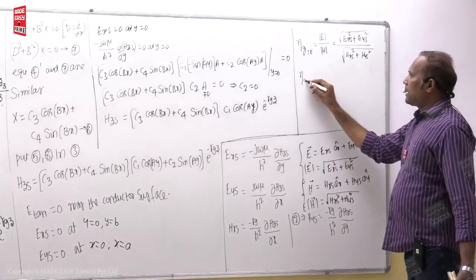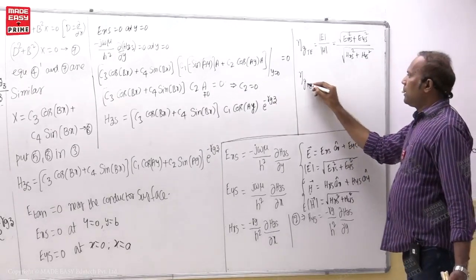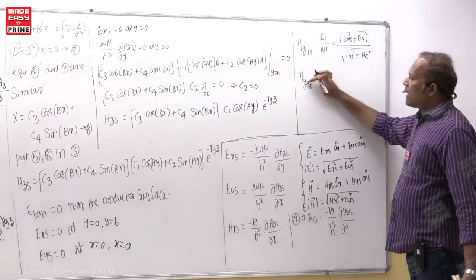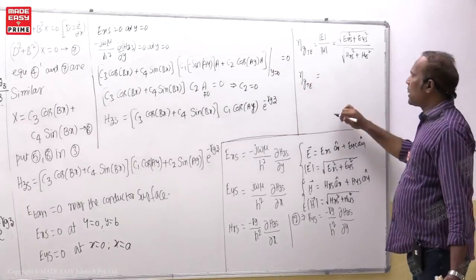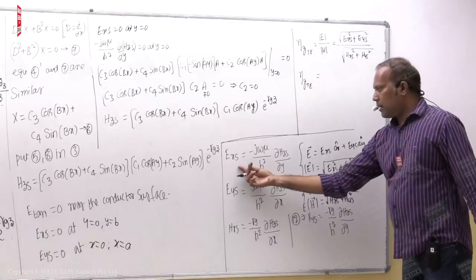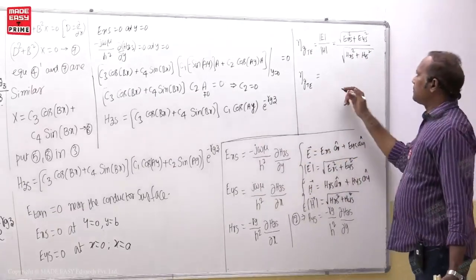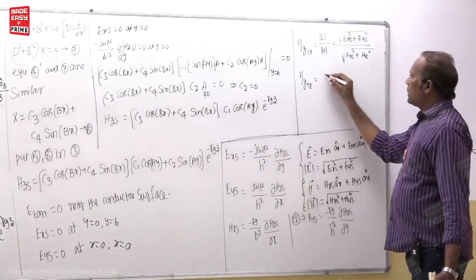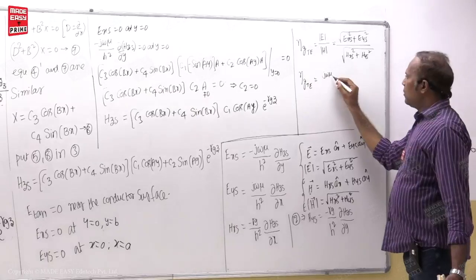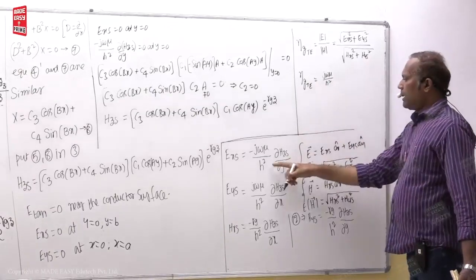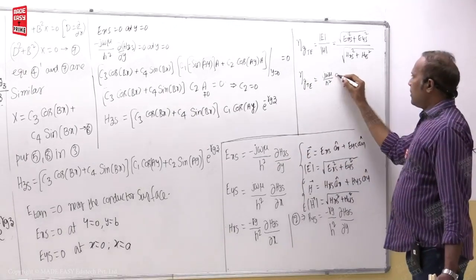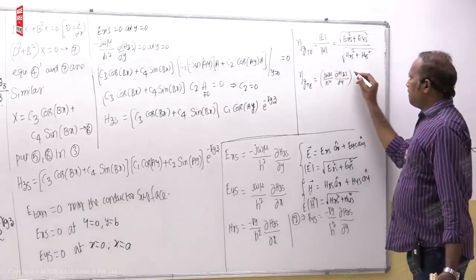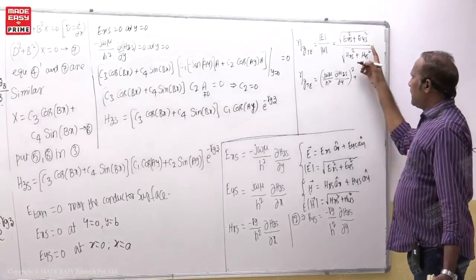Now this eta g for TE mode is equal to, eta means intrinsic impedance, g means guide, waveguide. For TE mode the discussion is going on. EXS is this one, and whole square of this: j omega mu divided by h square, dou HZS by dou y, whole square.